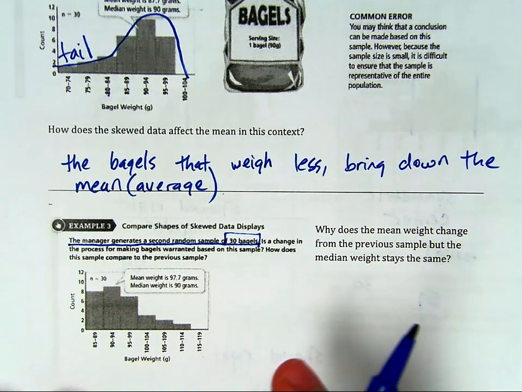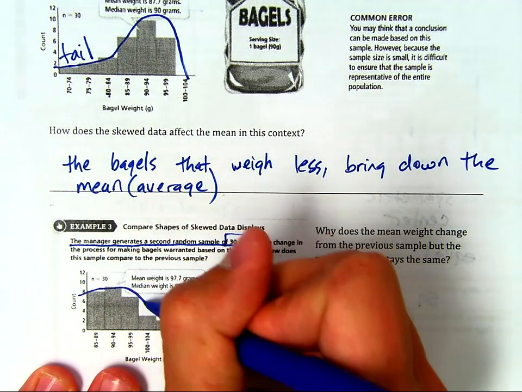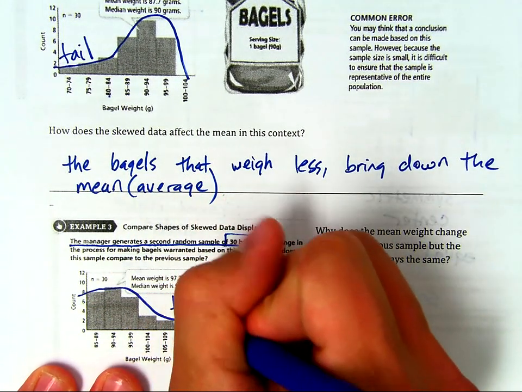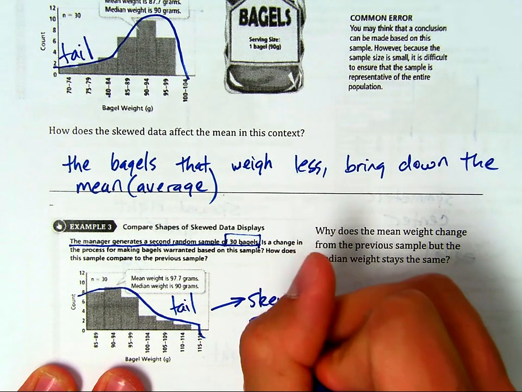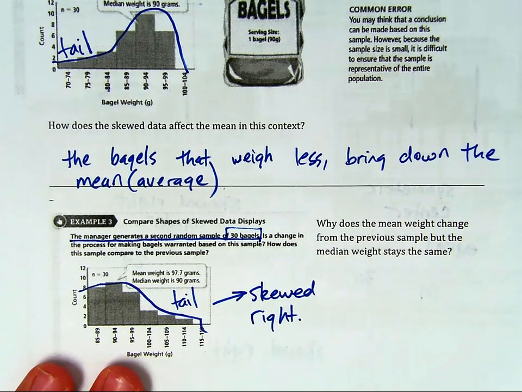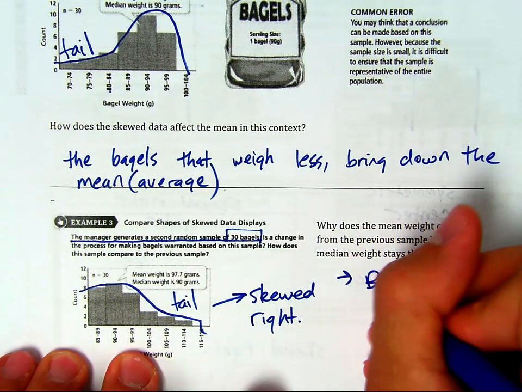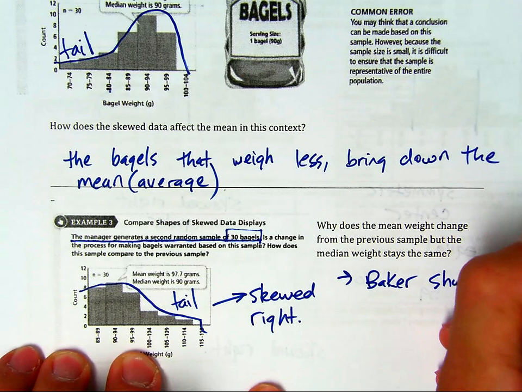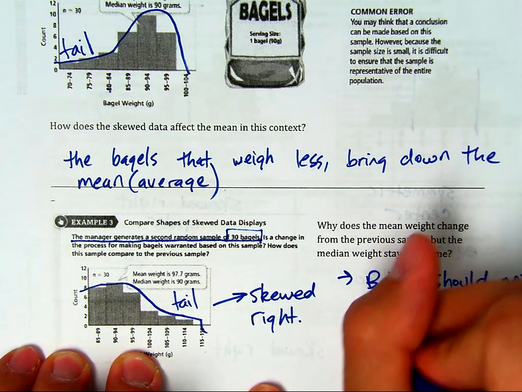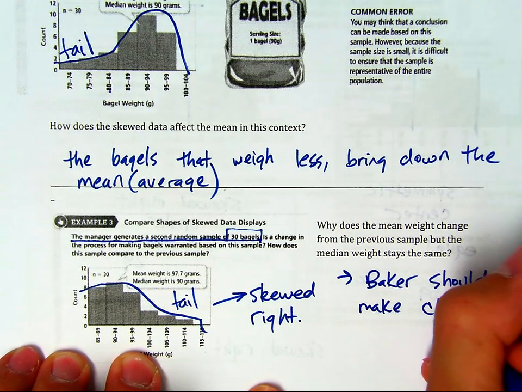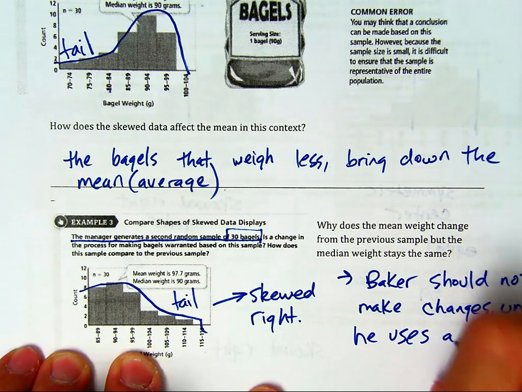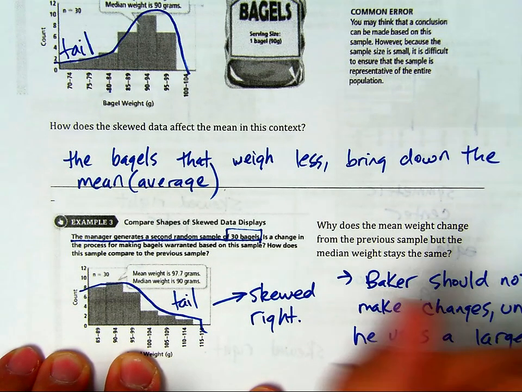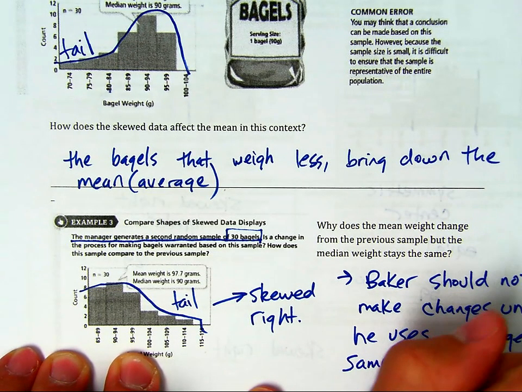So now this time, notice that my tail is right here. So this one is skewed right. Okay. So here we can say that the baker should not make changes unless he uses a larger sample size.